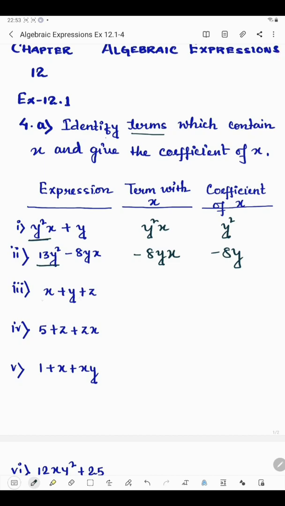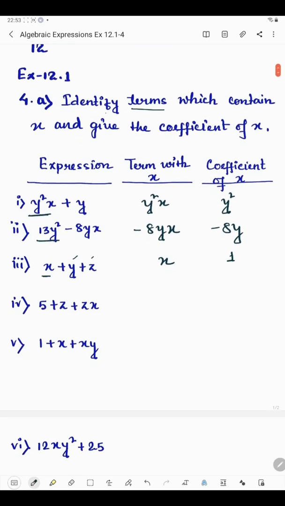Here we will take only x, as only the first term contains x, and we won't be taking the other two terms. So the term with x is x only. Now we write the coefficient of x. Since no number is present with x, that means 1 is there. So the coefficient of x will be 1.